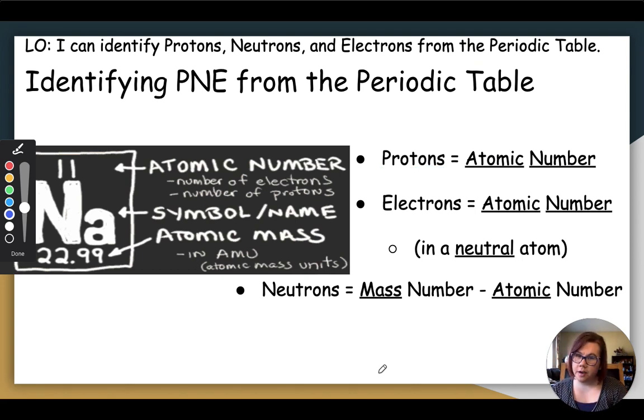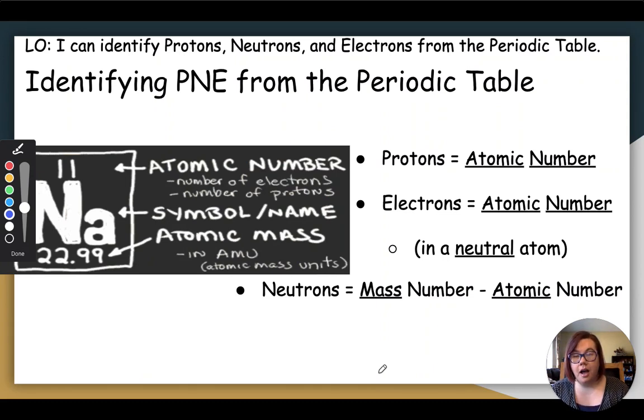There are, again, some variations where the number of electrons might not be the same. But for right now, we know the number of protons and the number of electrons simply based on that atomic number. Under electrons it says in a neutral atom, so one that has an overall 0 charge, meaning the same number of protons and electrons. There are cases where they're not the same, and again, we'll talk about that in a later video.